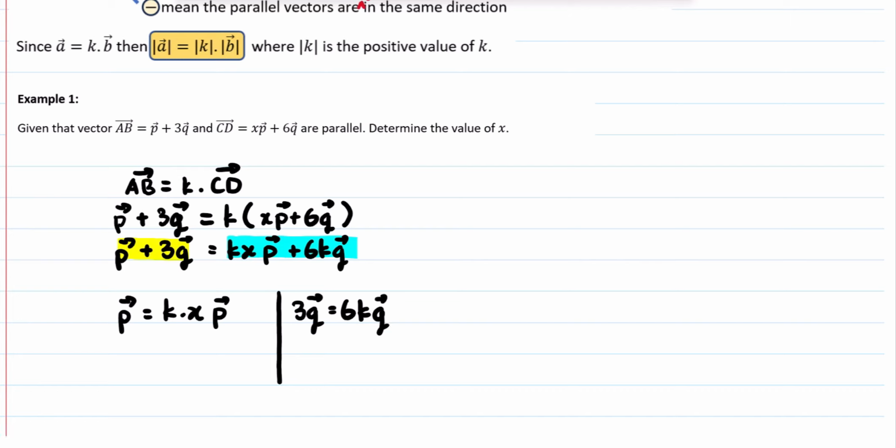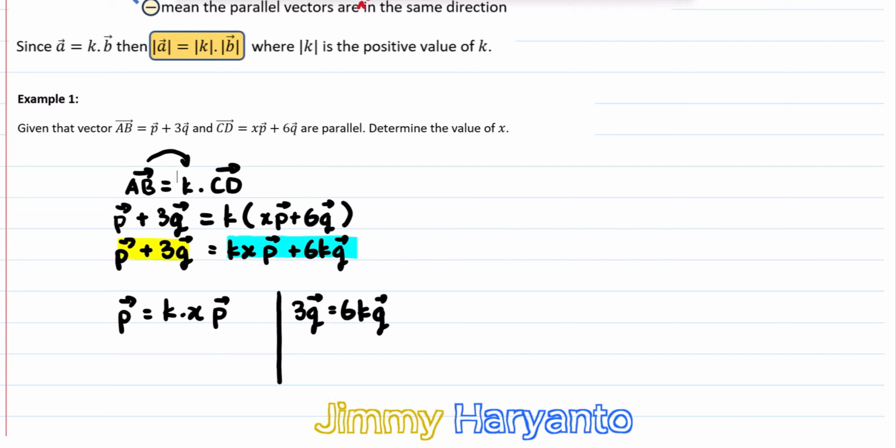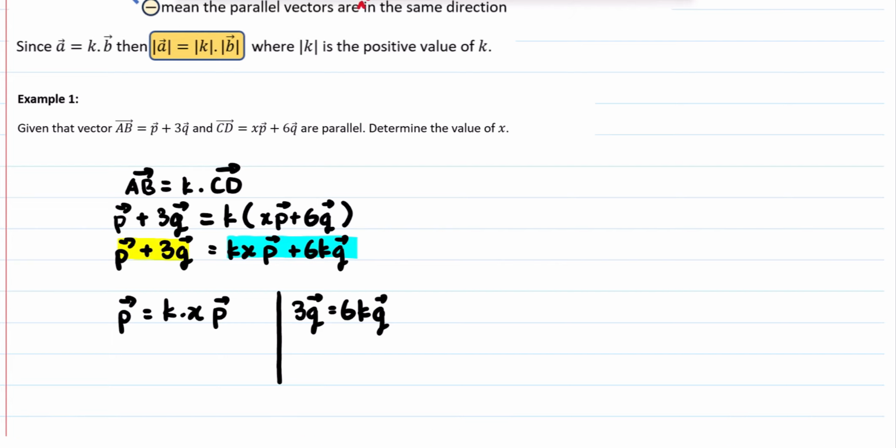Why can we do this? We cannot do this in algebra, right? But in factors we can do this because P and Q represent the component of P and the component of Q, and of course because AB and the K times CD is equal, that means the components have to be equal also.